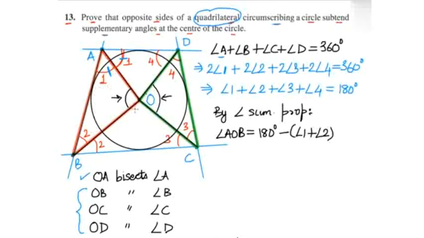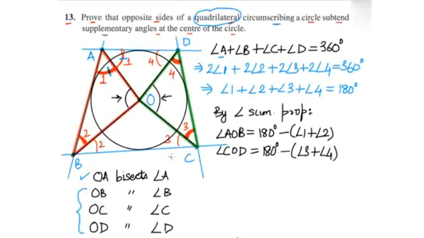Note that in triangle OAB the other two angles are angle 1 and angle 2, correct? Similarly we can write an expression for angle COD: 180 degrees minus the sum of the other two angles. What are the other two angles in COD? Well, it's angle 3 and angle 4.